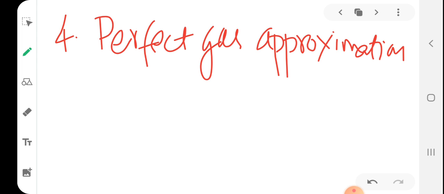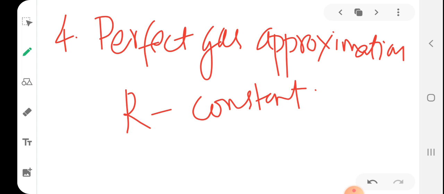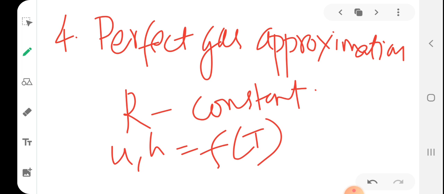So the gas is thermally perfect means R, the gas constant, can be a constant. If it is a perfect gas, R is constant, and the internal energy U and enthalpy H are functions of temperature only in case of a perfect gas approximation.